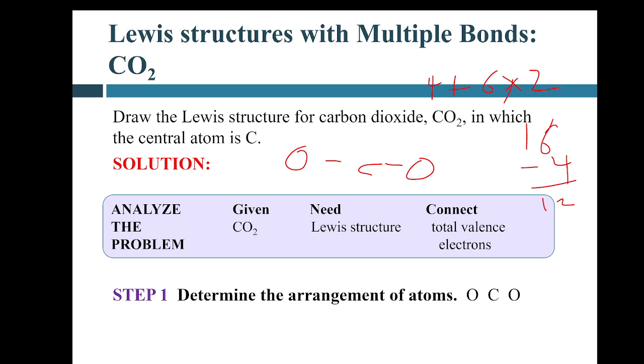And so now we fill in. Where do we fill in the electrons now? Do we fill it in on carbon yet? No, we're going to fill them in on oxygens first, right? Okay, so how many electrons does that oxygen need to get noble-like? 6 more, right?